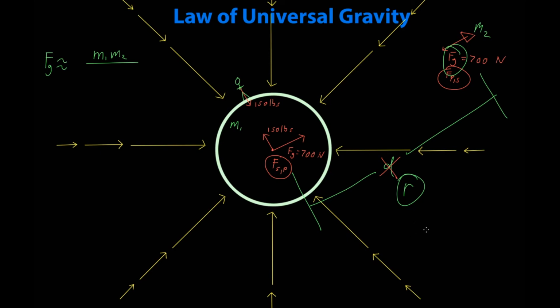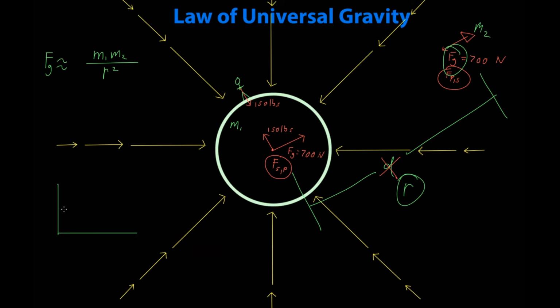They only use radius because this formula is used a lot in planetary motion. Now, the larger the radius gets, the smaller this force gets, so it belongs in the denominator. However, there's one more caveat, and that is this value is squared. So the farther these two things get away, this force drops off very quickly.